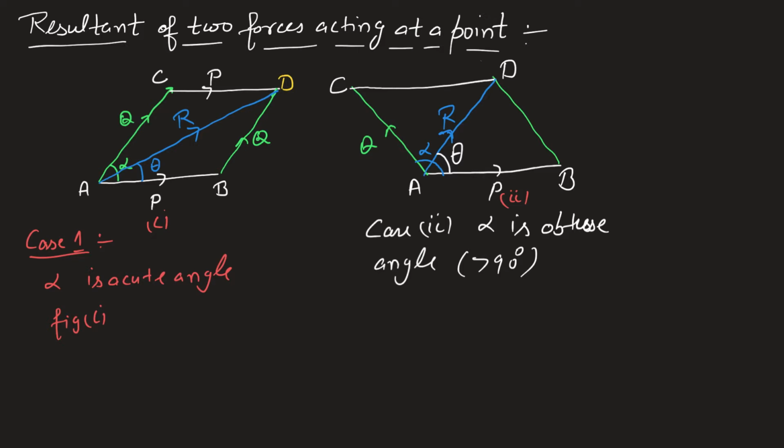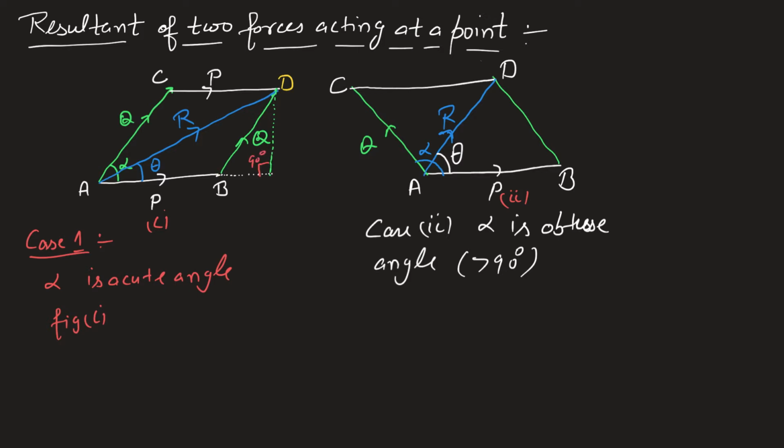So now let me do some calculations. In the case number 1, can we make a right angle triangle? So if you allow me, can I produce it something like that, and can I drop a perpendicular over here? This angle is 90 degree. Okay, fine.